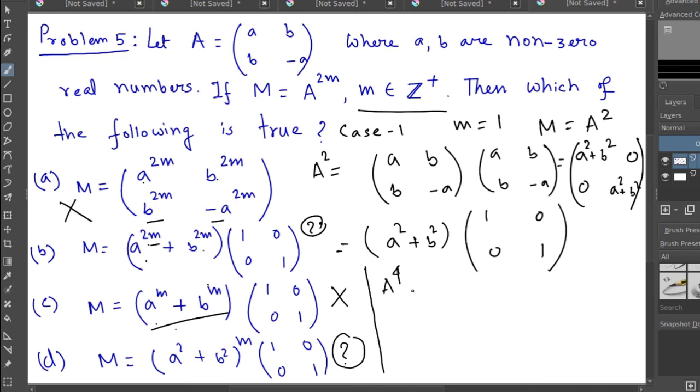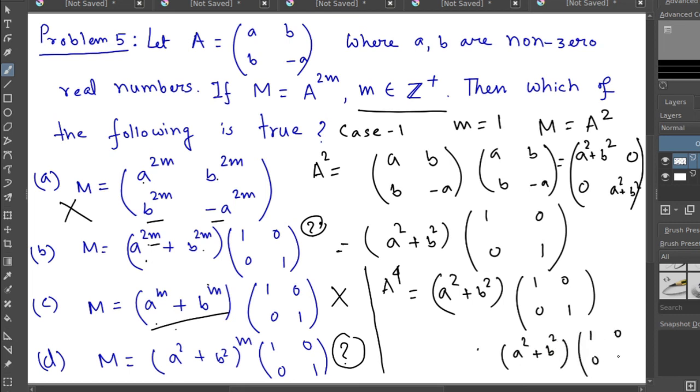If we calculate A to the power 4, it would be a square plus b square times the identity into a square plus b square times the identity. Since this is a real number, we can just write a square here instead of writing this.